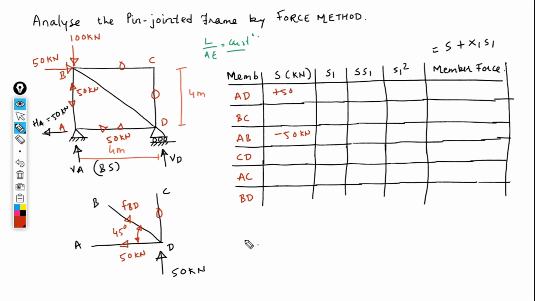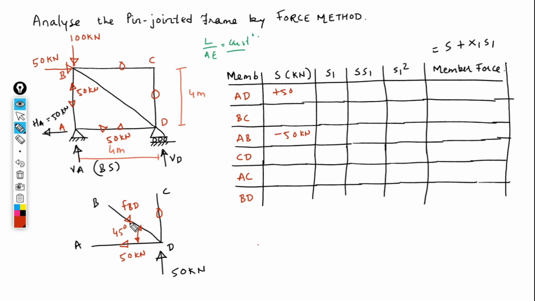You can use any equation, summation of Fx equal to 0 or summation of Fy equal to 0. You will get the value of FBD. I am assuming here the direction towards the joint. If I am getting a positive value, then my direction is correct. If I am getting negative, I have to change the direction.